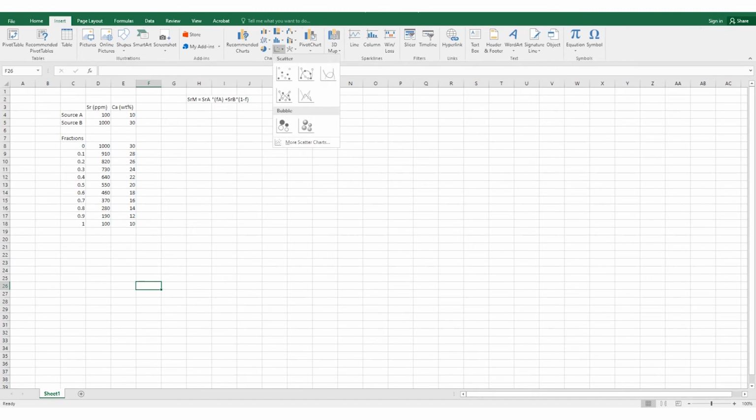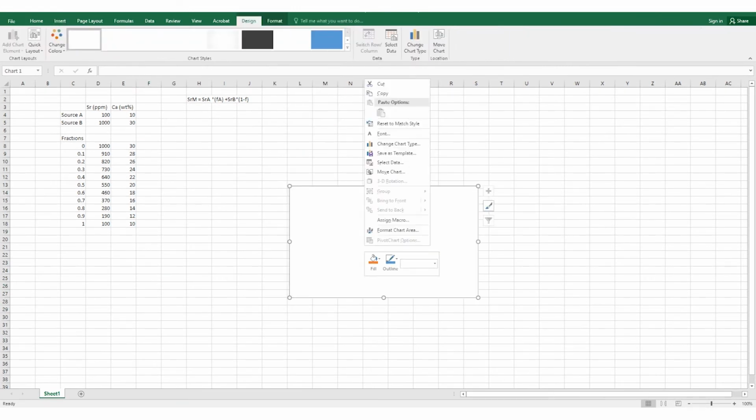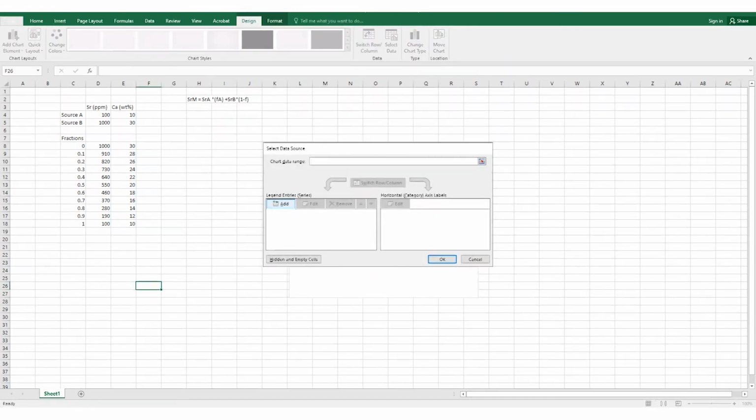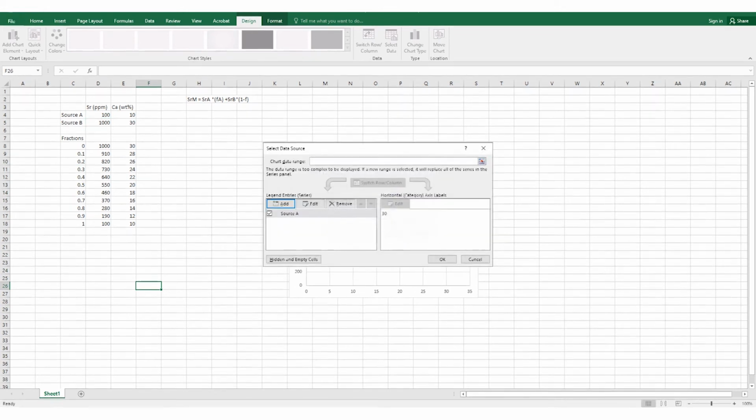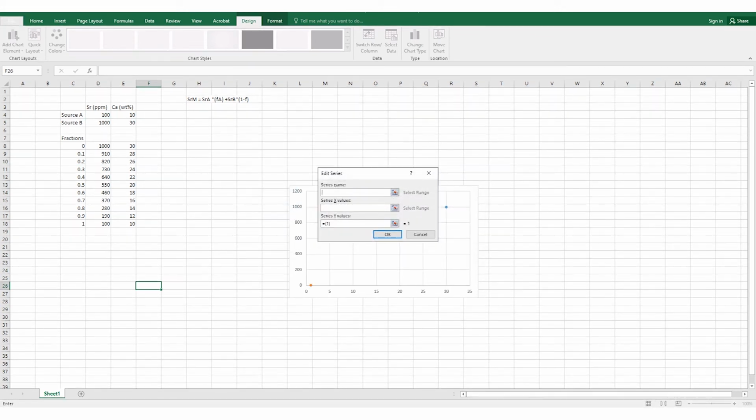Insert chart. Our X will be calcium and Y will be strontium. So this is our source A. We can add another source, let us say source B.